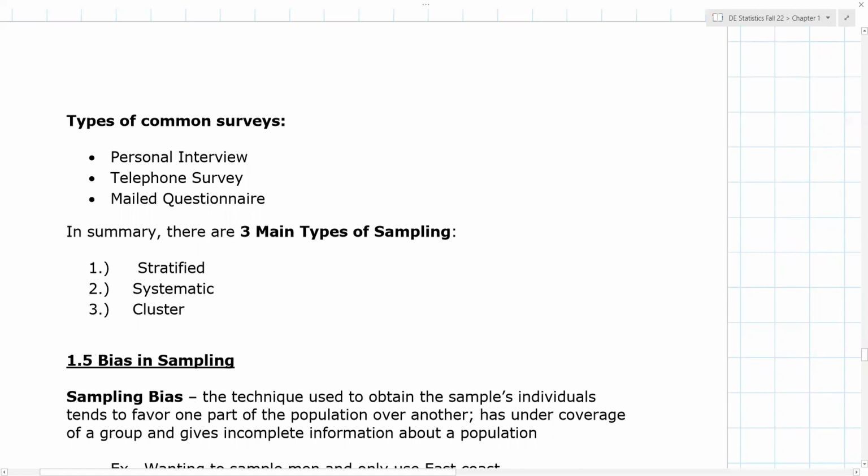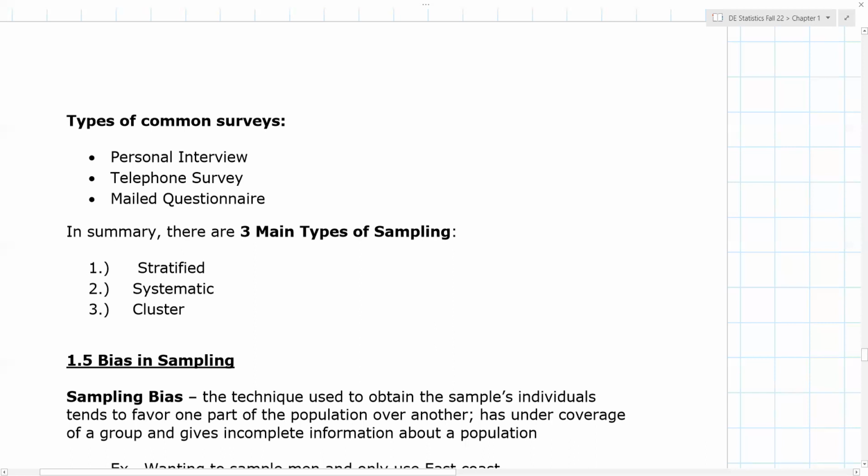So let's say you go on to order a product, or you go to your bank website and you do something, and at the end they say, hey, would you mind taking a short survey about your experience? That is that kind of mailed questionnaire, but nowadays, generally it's emailed. Quite often they're online.